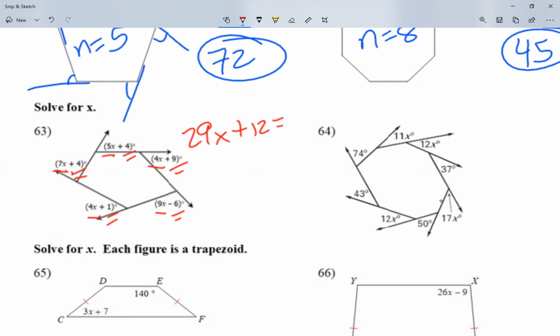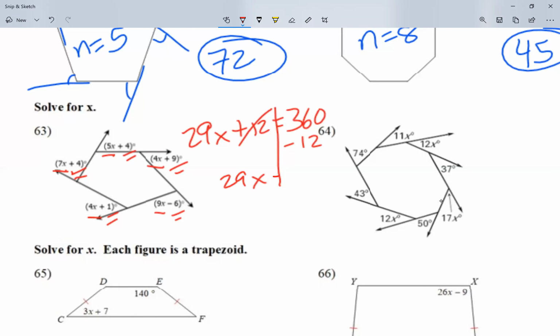All right, I added all of my angles. Angles on the outside always add up to 360. So let this equal to 360. All right, I'm separating sides through the equal sign. I want the 29x by itself. So this plus 12, let me move it to the other side as a minus 12. So I have 29x equals 360 minus 12 happens to be 348.